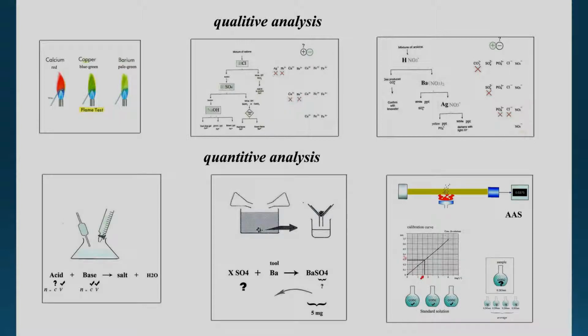As in acid-base neutralizing titration, to find out the unknown concentration, or using a precipitation reaction to find out the unknown sulfate, how many grams of sulfate. Or afterwards you use AAS to find out how much in ppm, which is mg per liter in your sample.